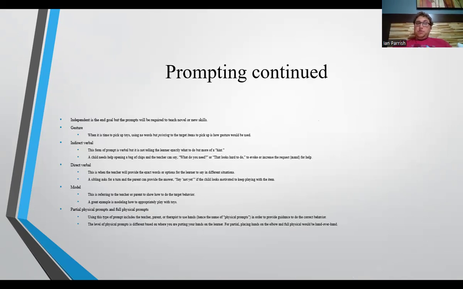So gesture is literally just pointing. When it's time to pick up toys, it's crucial to understand that you're not supposed to use words. If you do verbal and gesture, that's technically an embedded prompt of verbal plus gesture, and you're technically not at the lowest level of the hierarchy. So gesture is meant to be used without any kind of verbal prompt.